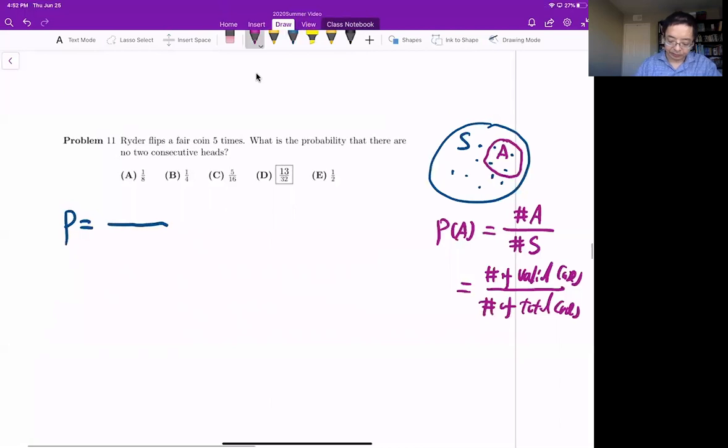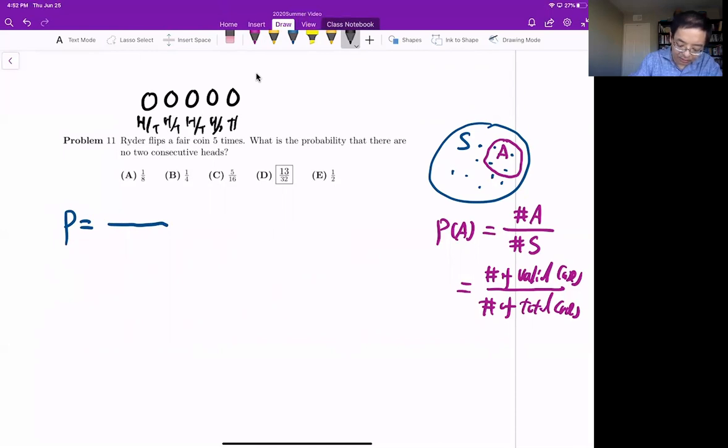For this problem, we flip a fair coin 5 times. What is the total number of scenarios? For each flip it's head or tail, so by the multiplication principle, the total number of scenarios is 2 to the 5.